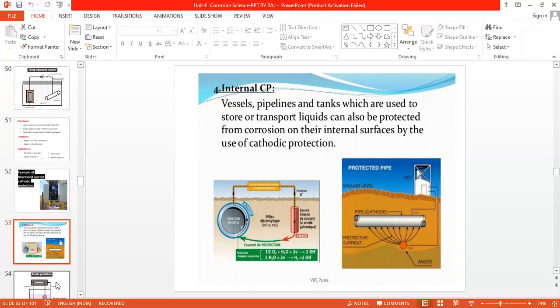The vessels, pipelines, and tanks which are used to store or transport liquids can also be protected from corrosion on their internal surface by the use of cathodic protection, as shown.